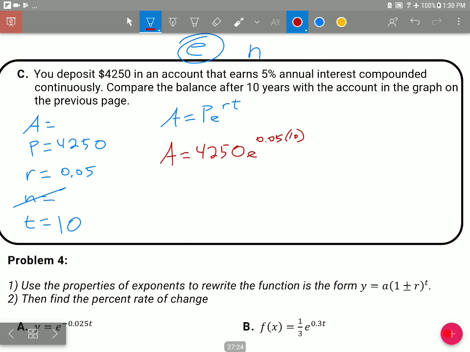You don't need parentheses at all, other than around the times 10, unless you want to put a dot there. I just like putting parentheses because I may think the dot is a decimal versus times. Shove it in your calculator. What is 4250 times E to the 0.05 times 10?